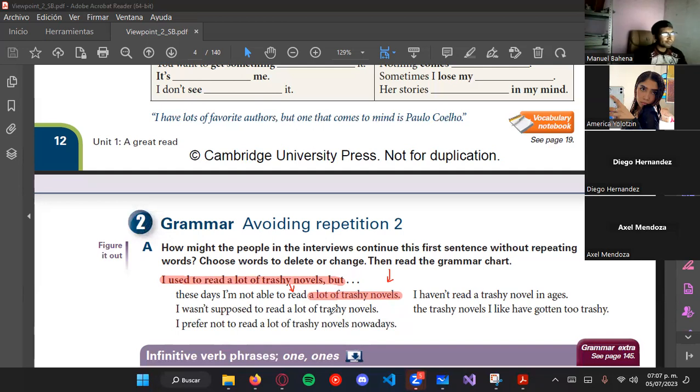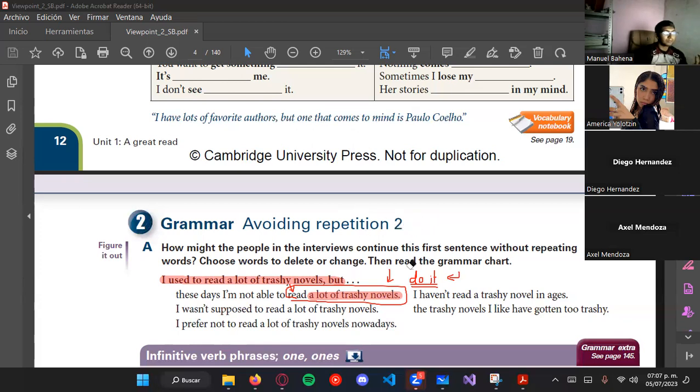Okay, that can work, but you said as a first response, I'm not able to do it, which is good. It's a way to avoid repeating. Do you remember this? This was on our first lecture, avoiding repetition number 1. But now we're trying to do it in a different way.